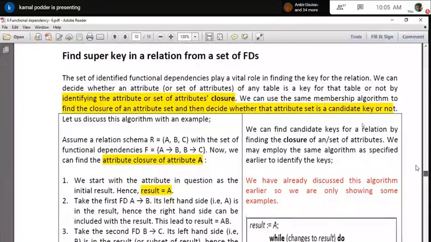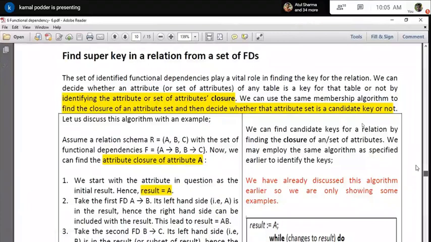And even after identifying the functional dependencies, there might be a lot of redundant functional dependencies, and you should discard those. Otherwise, ultimately all the functional dependencies you have to implement in the database table with the help of some sorts of constraints.